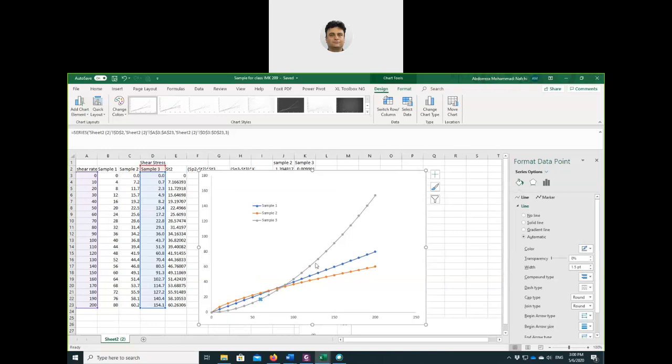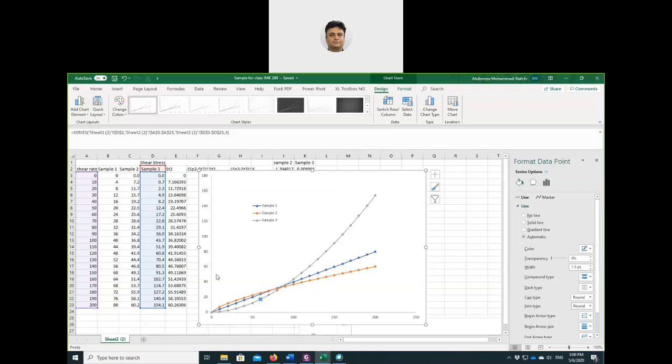If you want to compare the Bingham with this power law, shear thickening, and Newtonian, you need to decrease the yield stress and start drawing from here and then compare.